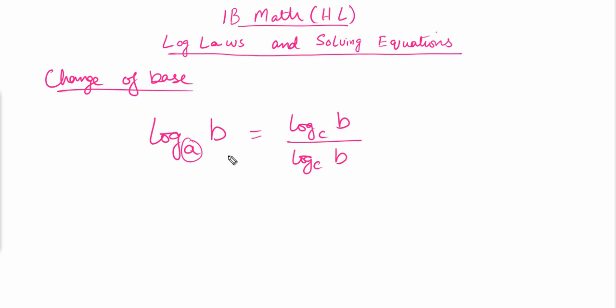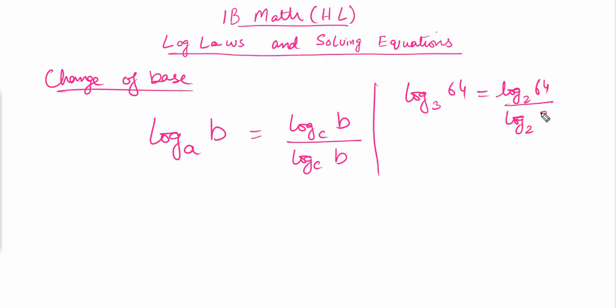This is how we can change the base of the log, and then we can do our working and solve it. For example, if we have the question log to the base of 3 of 64, and we want to change it to base 2, I can write it as log 2 of 64 divided by log 2 of 3. In this way we can change the base of the log.